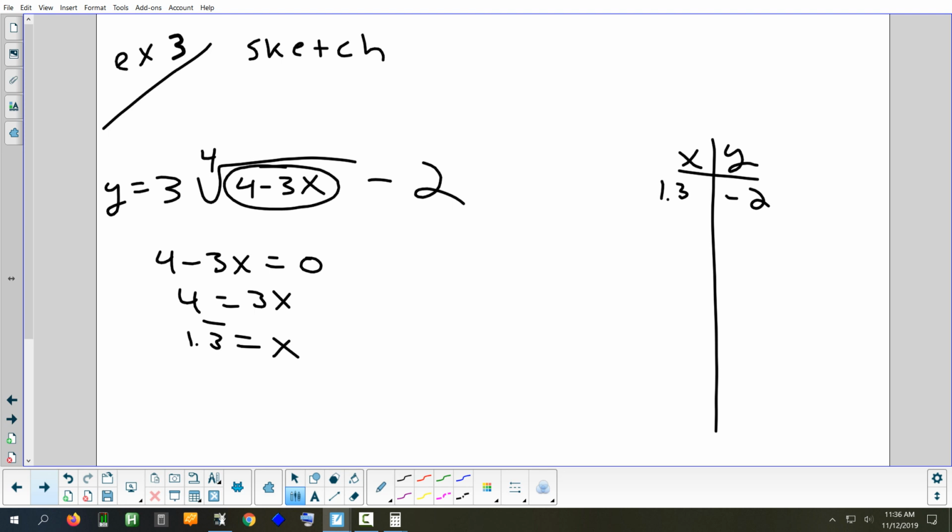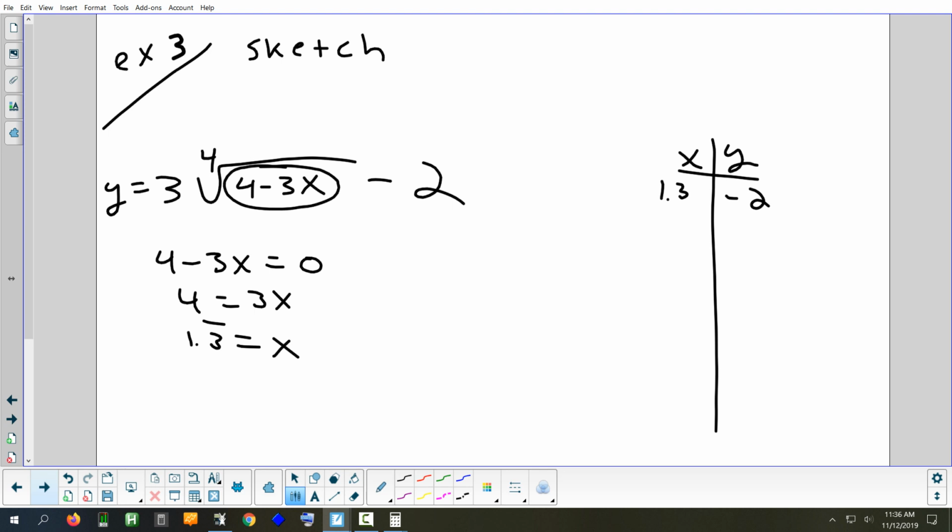So what kind of values can I pick for x here? Bigger or smaller? Getting smaller. They have to be smaller. Try plugging in 2 for x. Look what happens. If you plug in 2 for x, what's 3 times 2? 6.